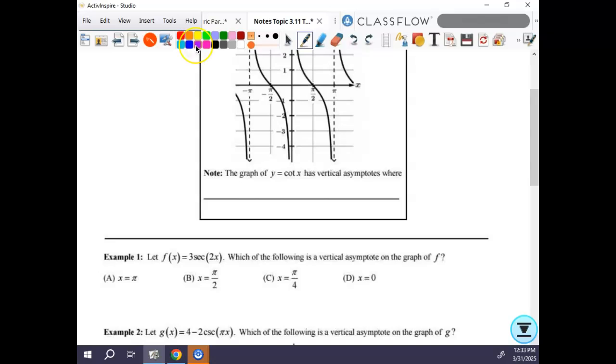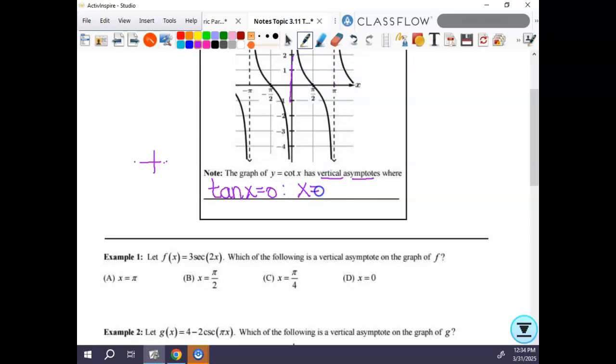The graph of cotangent has vertical asymptotes everywhere that tangent equals 0. When is the first time on the circle that tangent equals 0? 0, right? Tangent equals 0 here and here. So since it's 0, I have a vertical asymptote at 0, and then my next one is at pi. So those are pi units apart also.